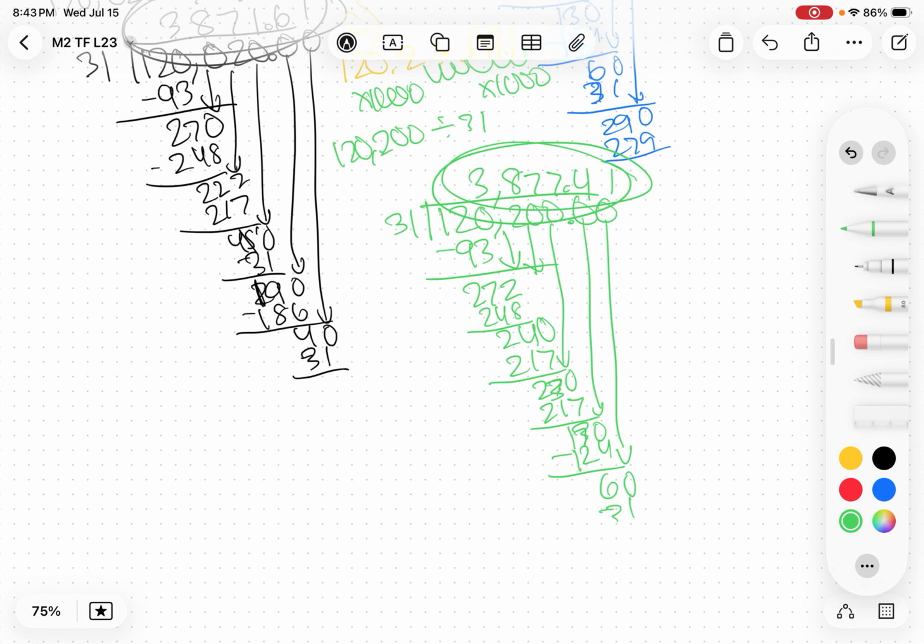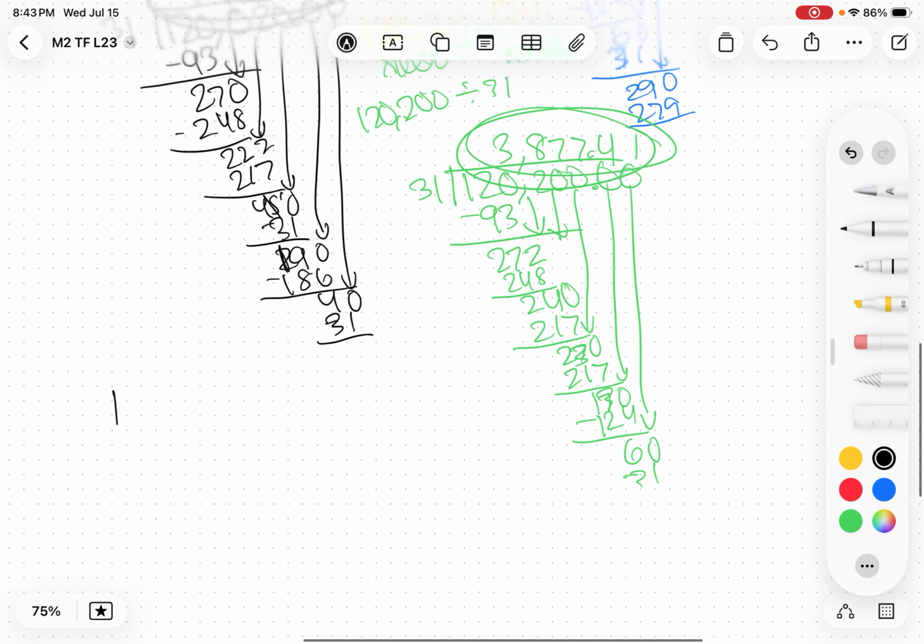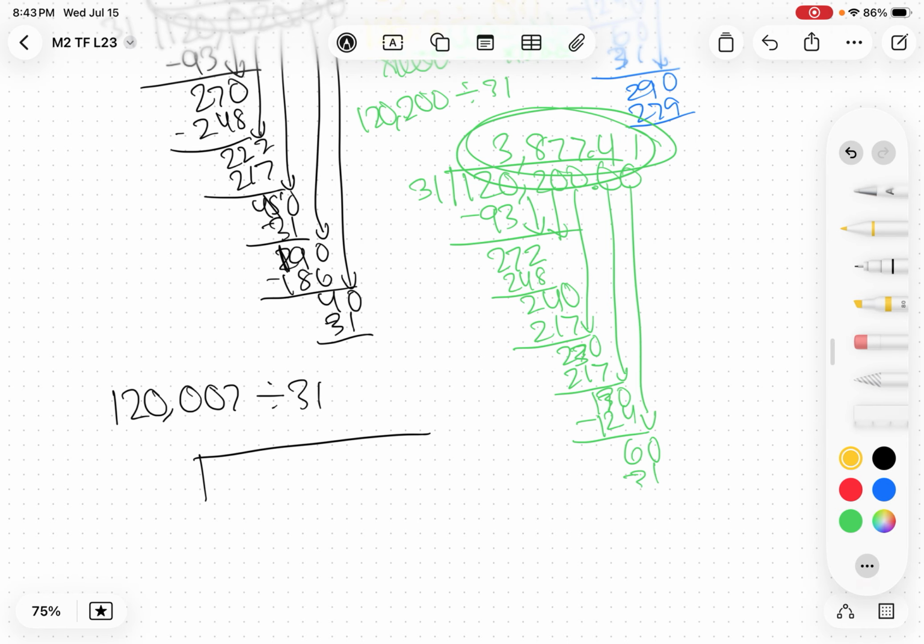I've got one more, which is going to be banquet D. Let's see. And I have 120,007 divided by 31. And that one is already as is, so I don't need to convert anything. And I can just start dividing. And that's going to go into that 3 times. 93, subtract. It's the same first step every time.